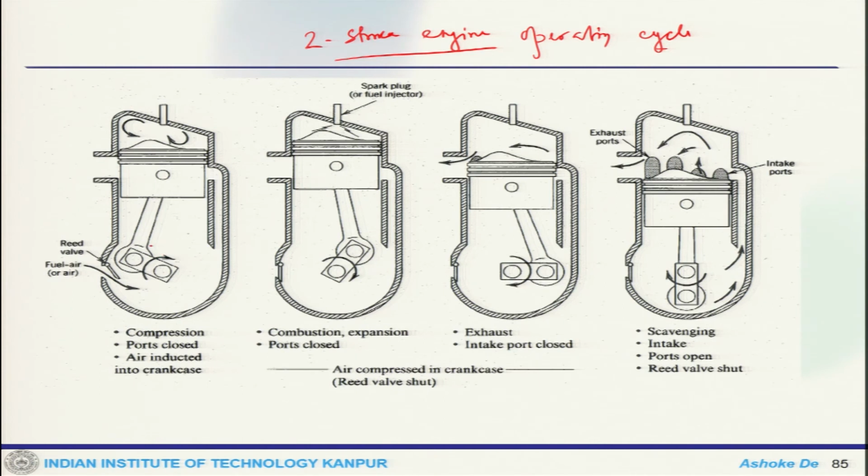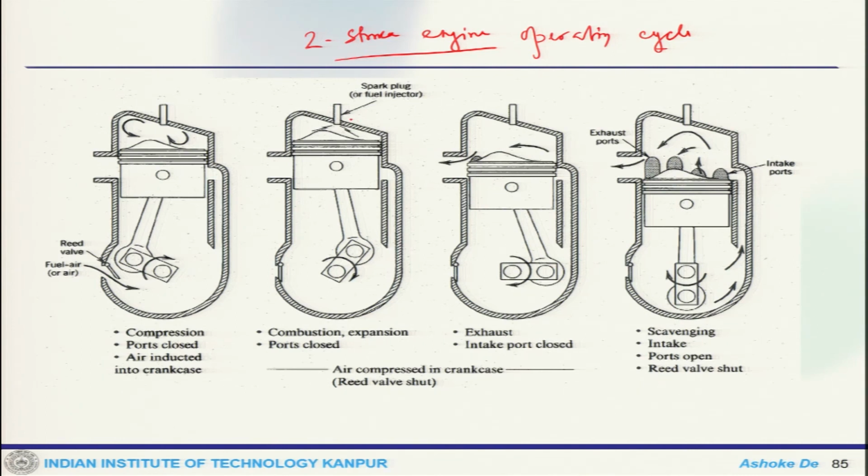It starts by closing the inlet, so the inlet is closed and the exhaust port opens. Then the compression of the cylinder contents draws fresh charge into the crankcase as the piston approaches the top center, and the combustion is initiated by the spark plug.